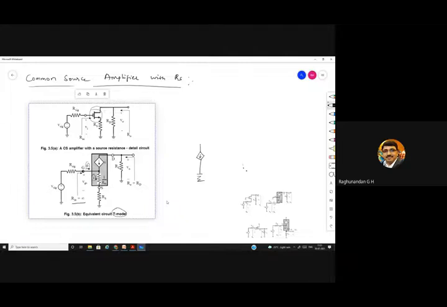For all the circuits we discussed, whether common source, common gate, or source follower, we need to derive the equations for Gv0, Av, Gv. In some circuits Gv and Av will be equal, in some circuits they will be slightly different. Okay, now let us see the analysis of this circuit.